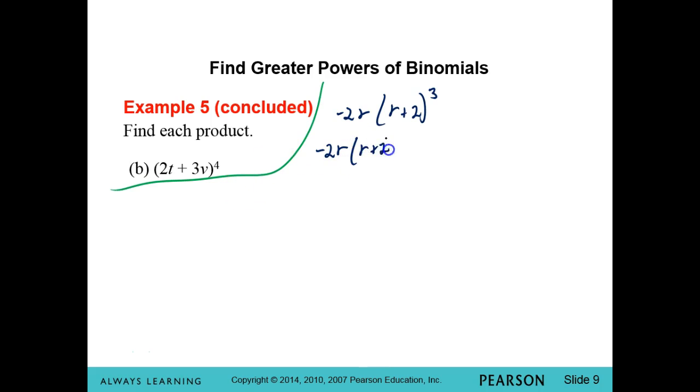R plus 2 times r plus 2 squared. Now, it doesn't matter which order you do those. I just assume do it that way. Leave the stuff not to forget about in front so you won't forget about it. Okay? Negative 2r times r plus 2. Now, you tell me what that'd be. R squared.